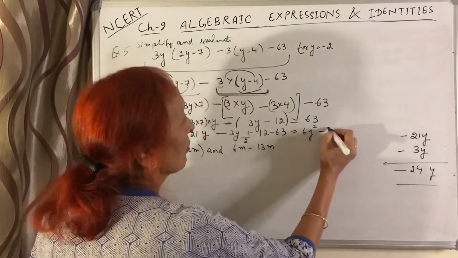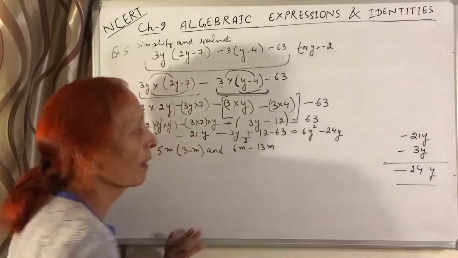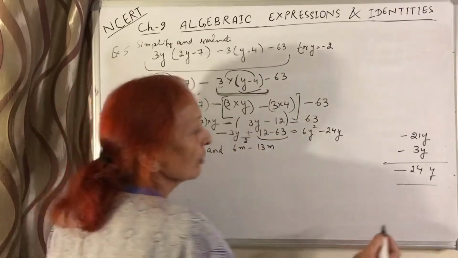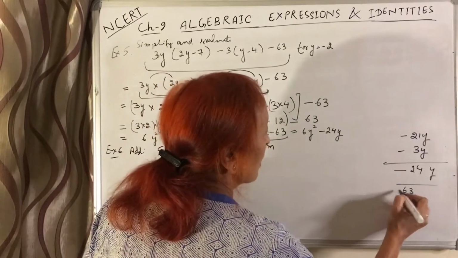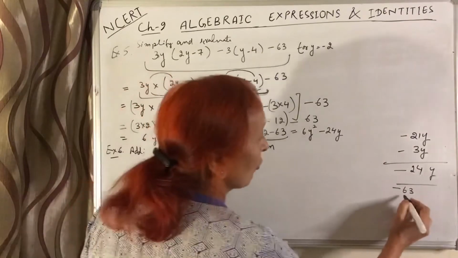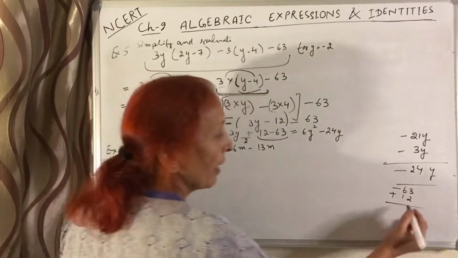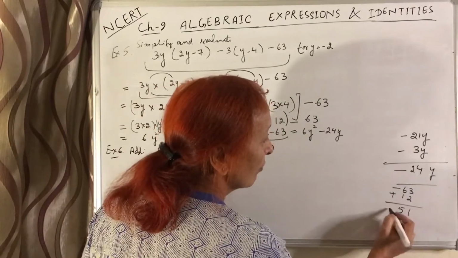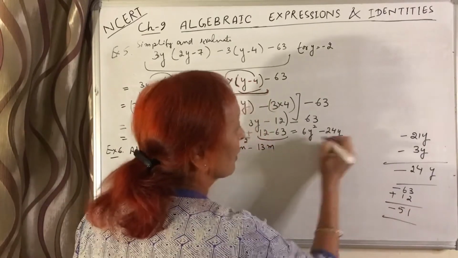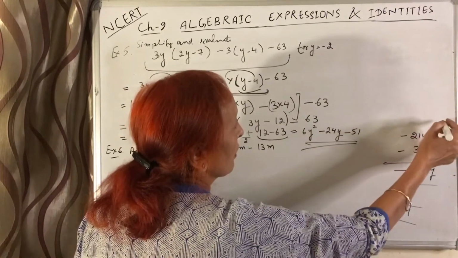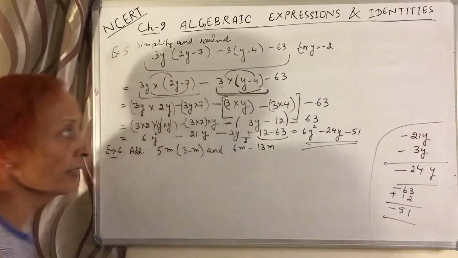So this is minus 24y. And 12 and 63 are like terms. 63 is with a minus sign, 12 is with a plus sign. Different signs, we will subtract and put the sign of the bigger number. So this is minus 51. This is the simplification. Right?